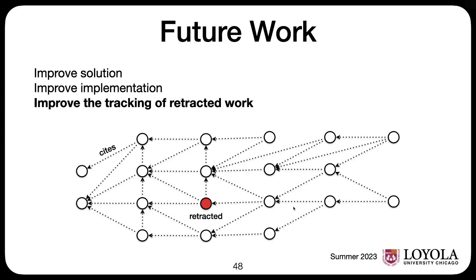You create a retraction notice, and there's no work after that to track what other papers should be flagged, mitigated, or openly treated or corrected because they are citing retracted work. So we need some citation tracking after the retraction of papers, and to do a more complete and responsible job.